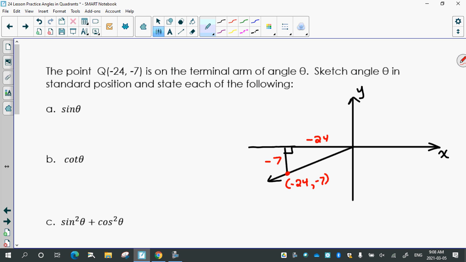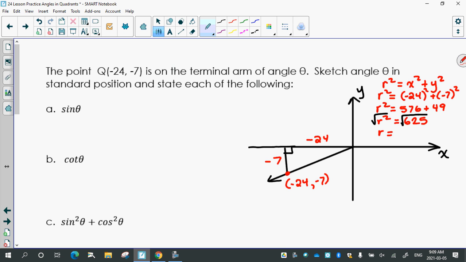And then we have to calculate r using the Pythagorean relationship. Remember, when you square a negative number, you always get a positive number. You keep getting perfect squares, but if you don't get a perfect square, just leave it as a square root.